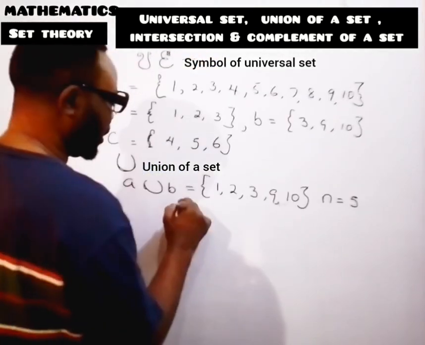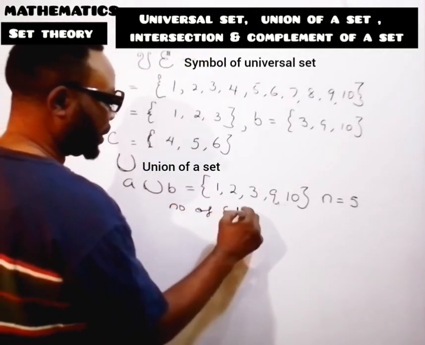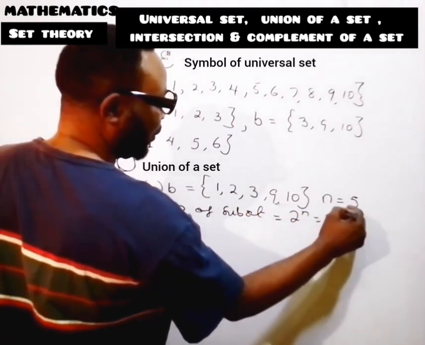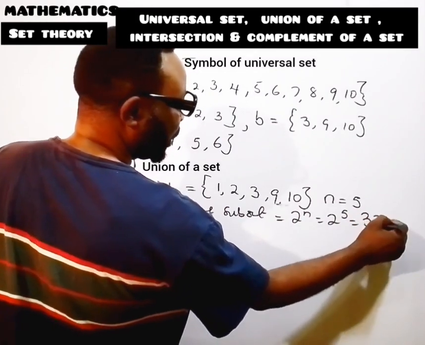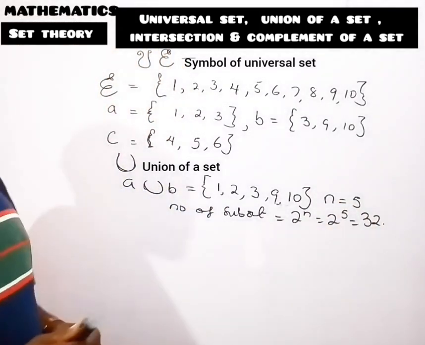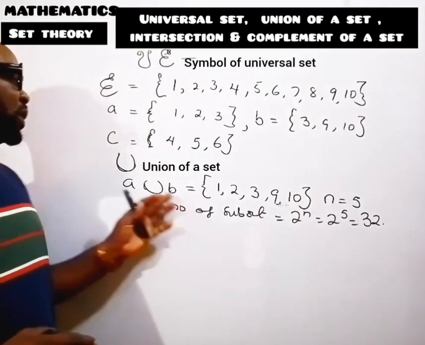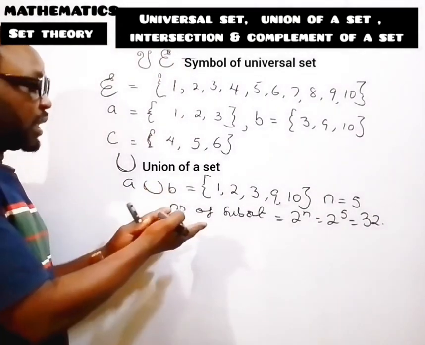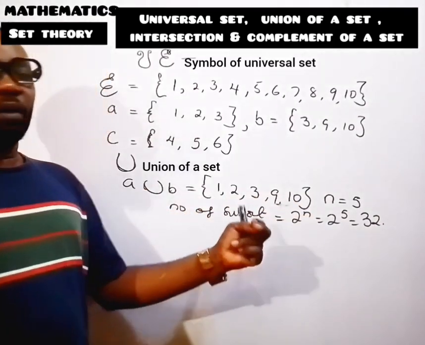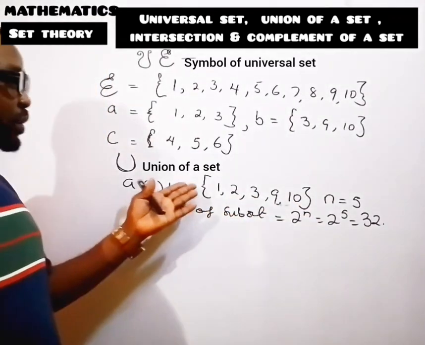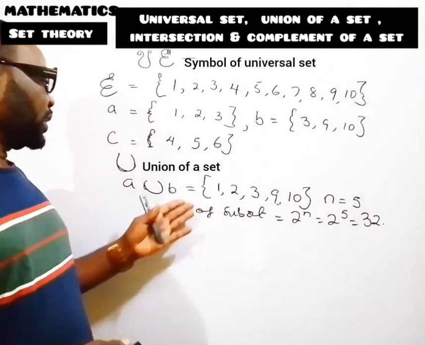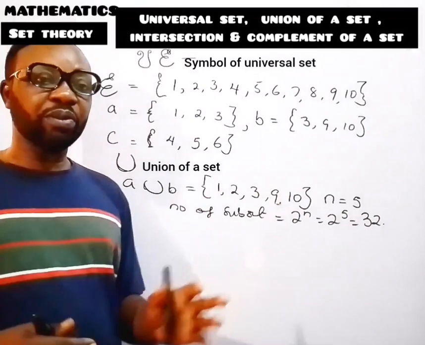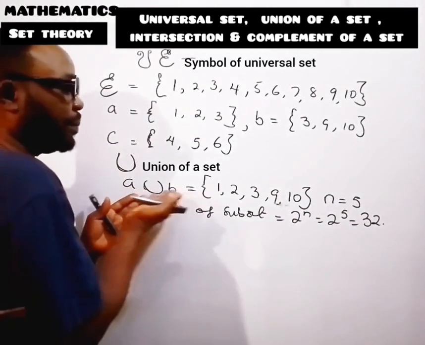The number of subsets, which is equal to 2 raised to power n, will be equal to 2 raised to power 5, which is equal to 32. I've been able to deduce what is meant by union of a set here, then I also bring in what we have done earlier into what we are doing right now, that is the number of this set and the number of subsets of A union B.